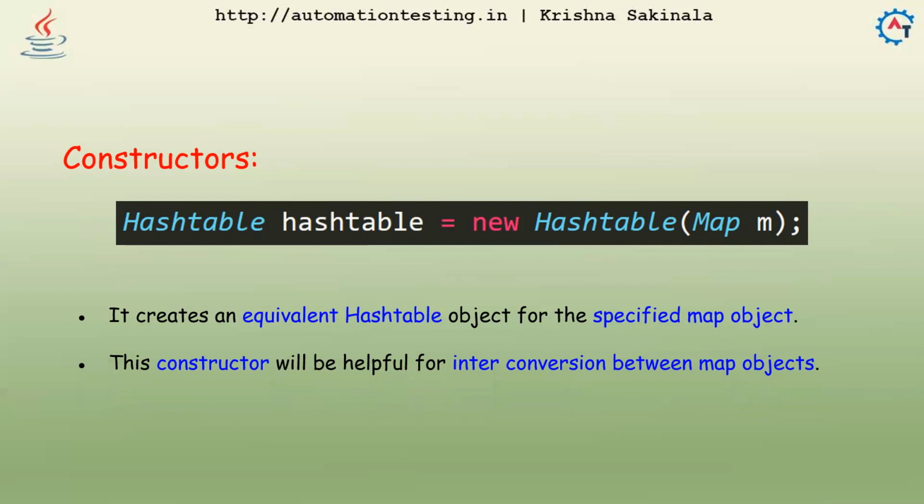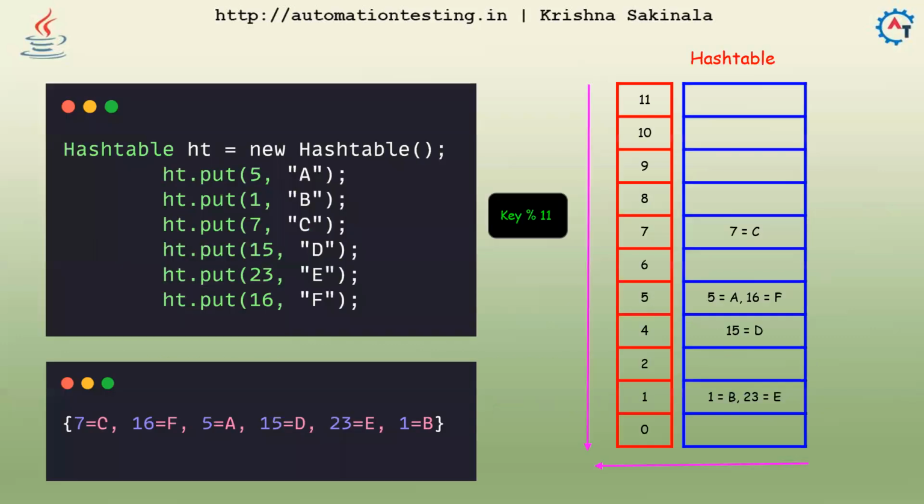How will the internal logic work, since it depends upon the hash code of the keys? We'll take one example and see how it is inserted internally.